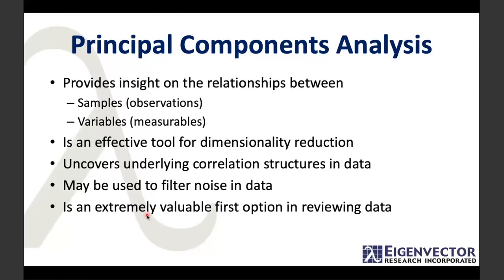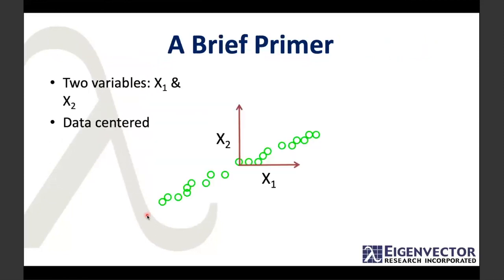So what is it that PCA does? And we're going to start here with a very simple data set. It's a system of observations represented by the green circles here in a two-variable system. I'll call them X1 and X2. And we're going to work with the assumption that our data is centered.